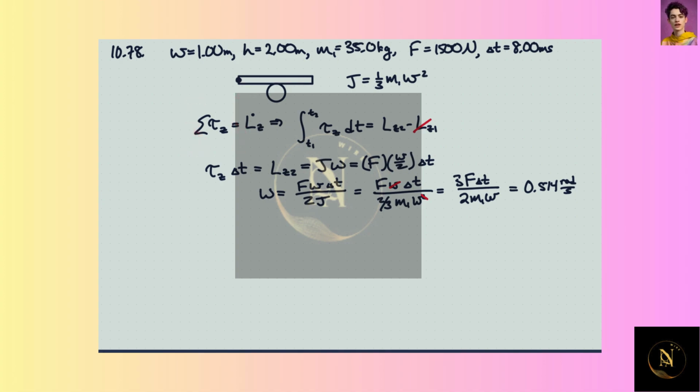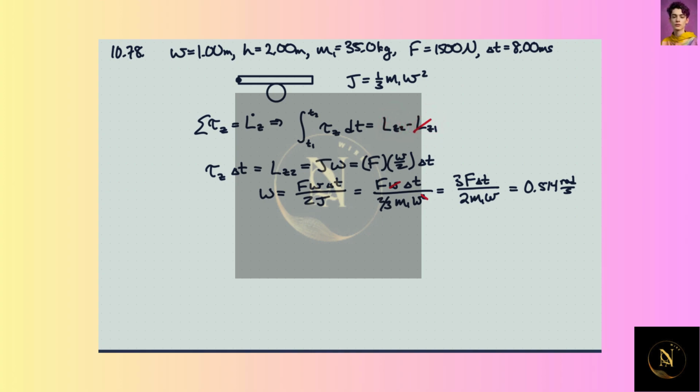So that tells us that the integral from t1 to t2 of tau z dt, where I got rid of the summation here just for notational purposes, this is the sum of all the taus. So that is like our angular impulse, and that equals the change in angular momentum, the angular momentum at state 2 minus the angular momentum at state 1.